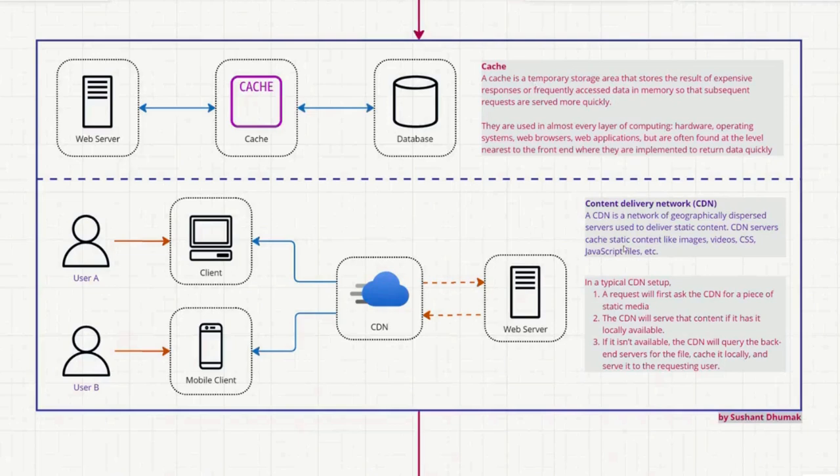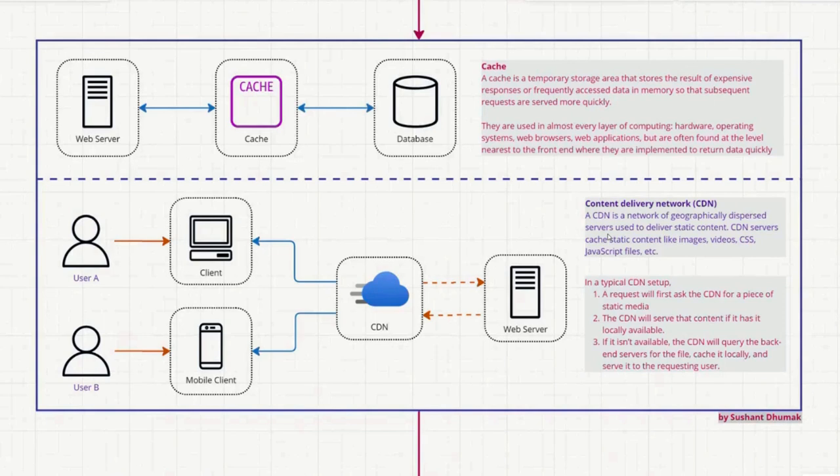Similarly, if you look at a CDN, Content Delivery Network, it has a similar kind of purpose. It is described here as geographically dispersed servers. That means if a user is located at a different location in the world and is asking for some static data, maybe to load a particular web page or a particular video, whatever static data is available for that website is stored in the CDN, and the latest data will be immediately served for that location.